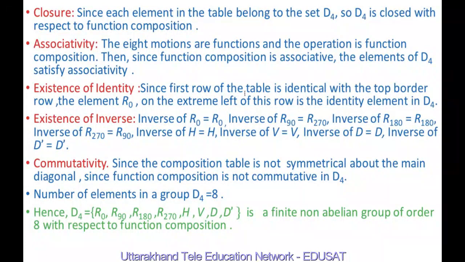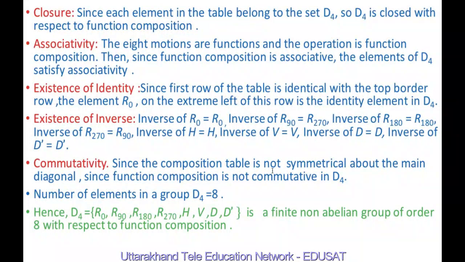Since the first row of the table is identical with the top border row, the element R0 on the extreme left of this row is the identity element in D4. Existence of inverse: we have seen that inverse of R0 is R0, inverse of R90 is R270, inverse of R180 is R180, inverse of R270 is R90, inverse of H is H, inverse of V is V, inverse of D is D, inverse of D dash is D dash.